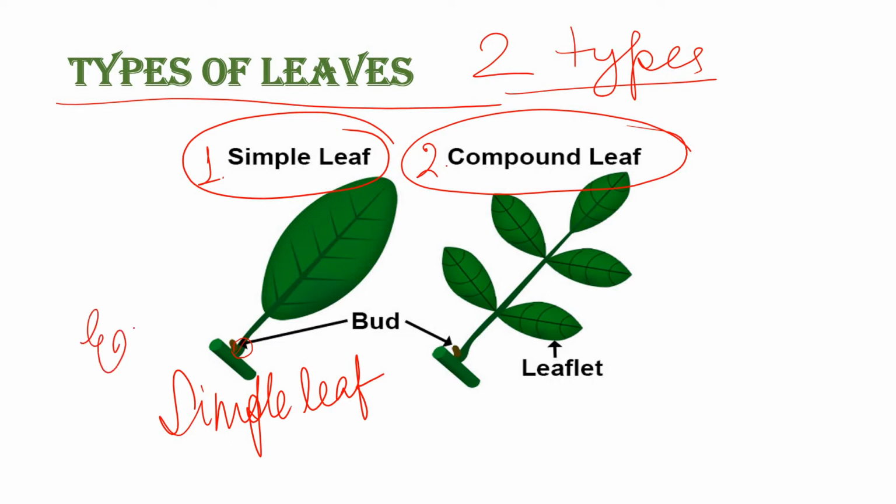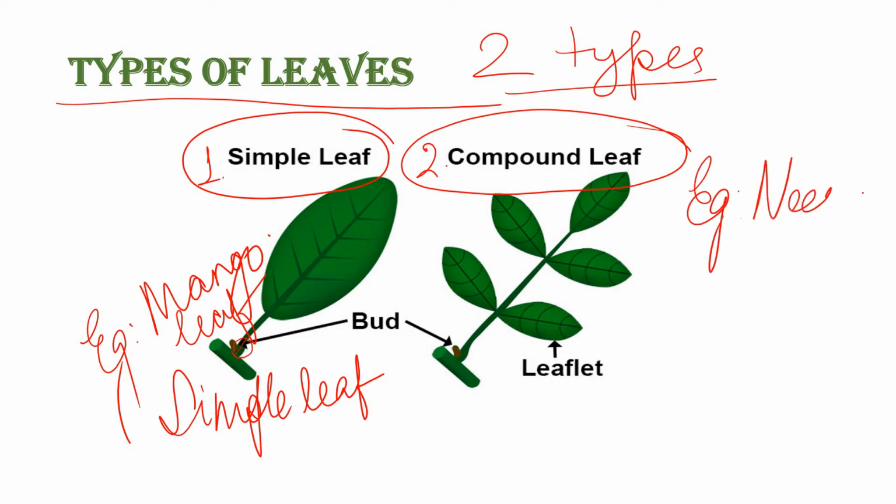We can take the example of mango. The mango leaf is a perfect example of a simple leaf. Now if you try to see the leaf of a neem tree, you will see that the lamina is divided right from the node region. Can you see the difference?